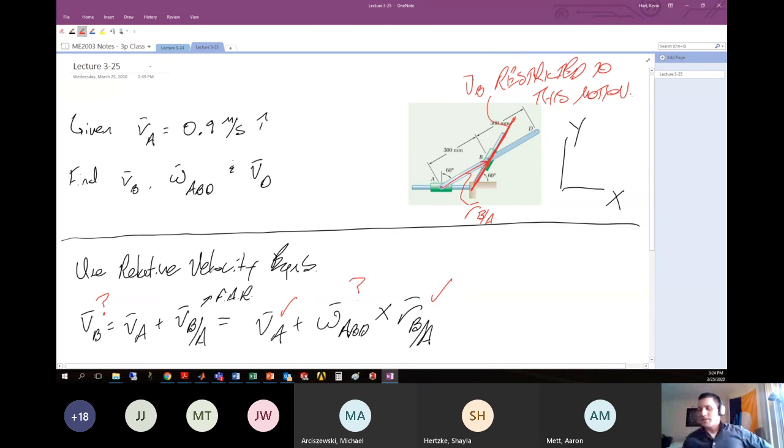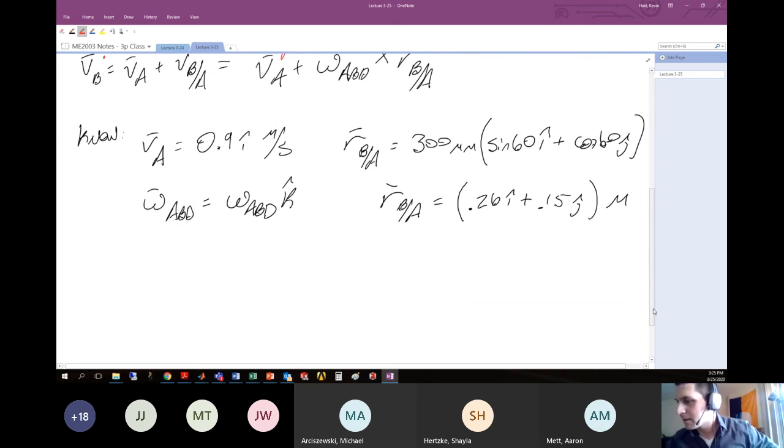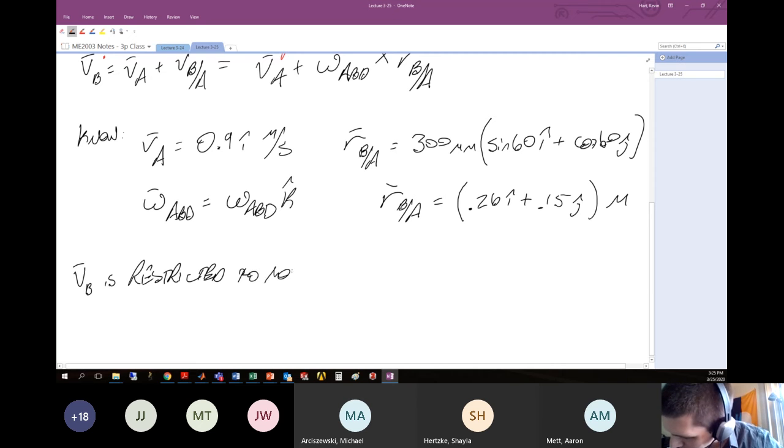Just like the velocity of point A is restricted to only moving in the i hat direction, the velocity of B is restricted to moving along this particular line.